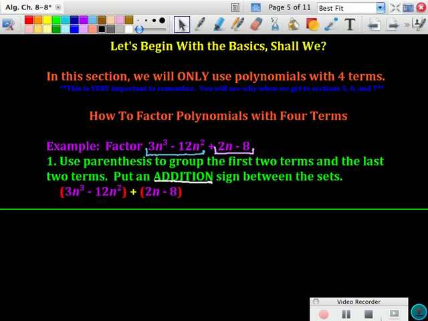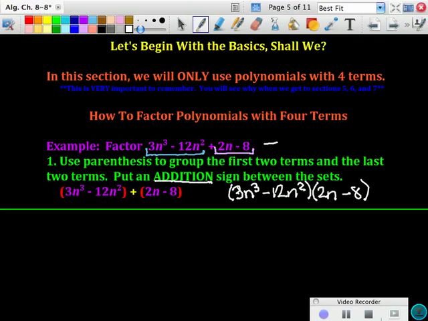If you do not put an addition sign, it will look like this. It will be n to the third minus 12n squared, and then directly next to it you'd have 2n minus 8. Well, guess what? You just turned a problem into multiplication that is not any multiplication here. There's no multiplication. All right, so remember that addition sign.